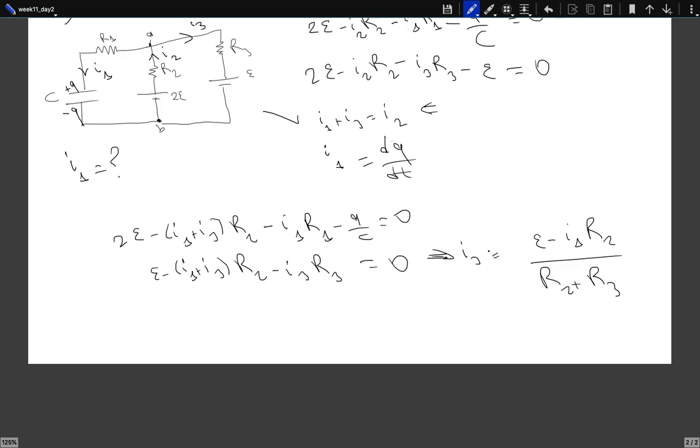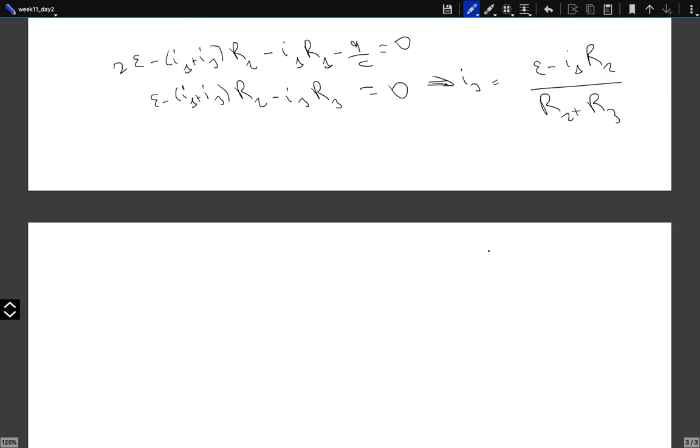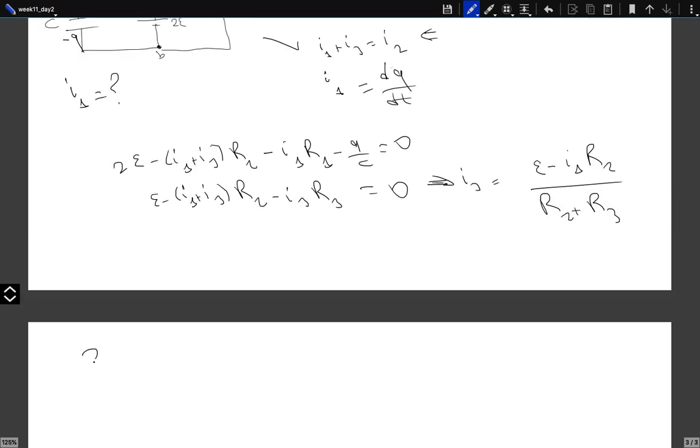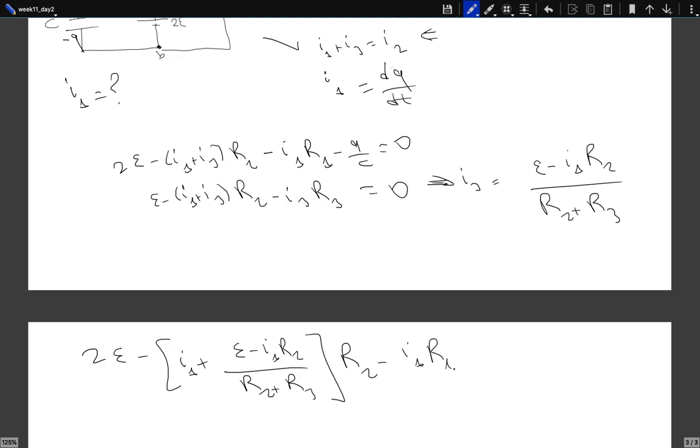Now I can put that I3 in the first equation, so I will get an equation that relates I1 and Q. So 2 epsilon minus I1 plus (epsilon minus I1 R2) over (R2 plus R3) times R2 minus I1 R1 minus Q over C is equal to 0.